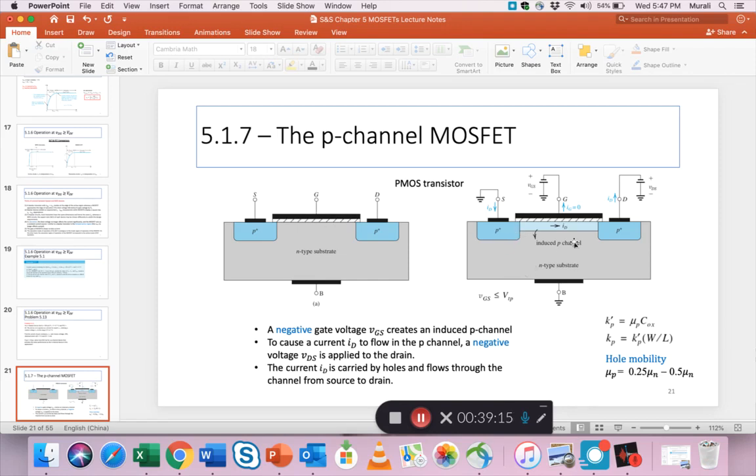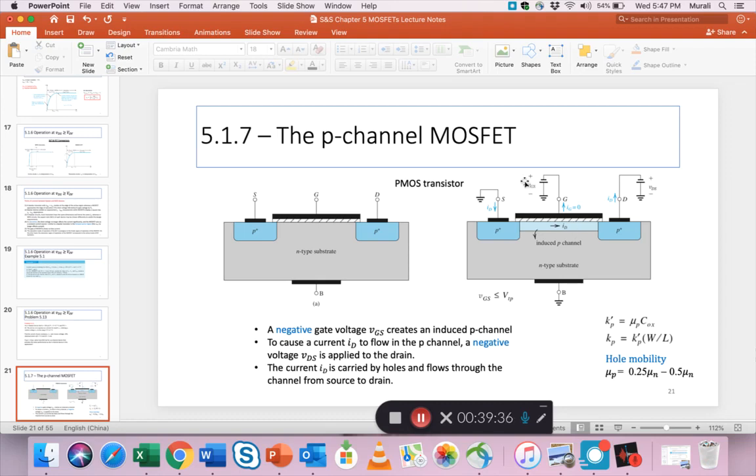Now, the channel that is induced is called an inverted channel because the channel that's induced when you apply a voltage is always the opposite of the body type, right? So if the body type is n-type, you get a p-type channel. That means the flow here is all p-type material or holes.